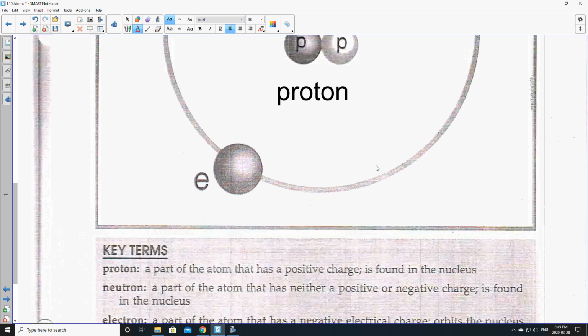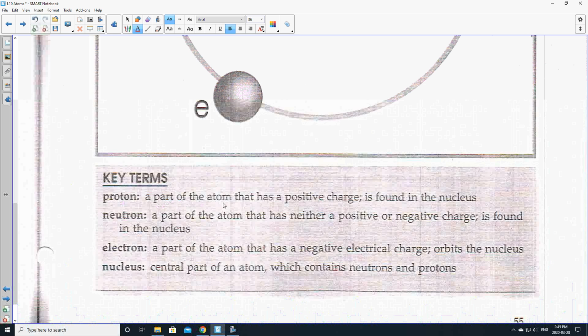Okay, let's read this together. Here are the key terms. A proton is a part of the atom that has a positive charge and it is found in the nucleus. A neutron is a part of the atom that has neither a positive nor a negative charge. It is found in the nucleus as well. An electron is the part of the atom that has a negative electrical charge and it orbits the nucleus.